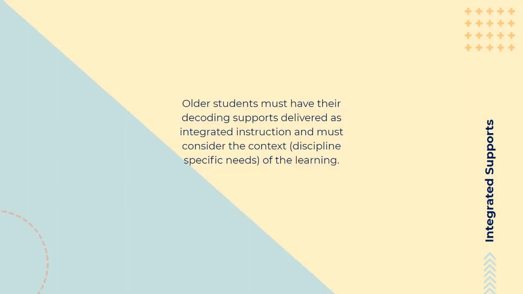So it's an integrated support. We're never not also developing their language comprehension. And sometimes we're developing both their language comprehension and their word recognition in the context of a very specific instructional setting, i.e., in the context of a specific class, maybe a literature class, maybe a history class.